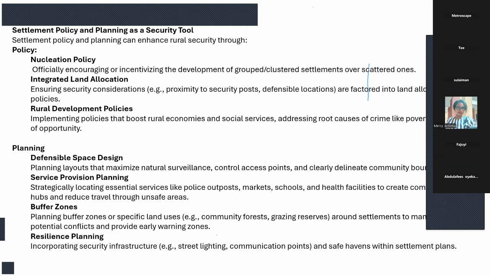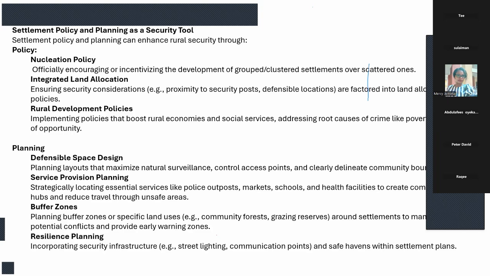We also have the integrated land allocation. This means that if there is a barrack around an area, the government can encourage people to come and live around the barrack, so that if there is any security incident, the security personnel can easily go and defend them instead of them living kilometers away from the security agencies. Then lastly, we have the rural development policies.